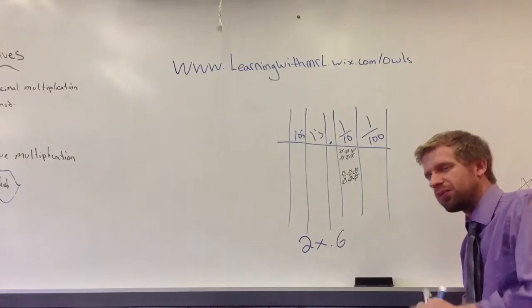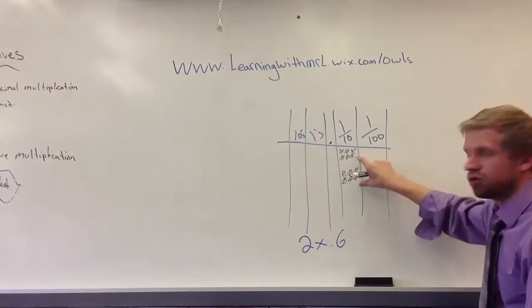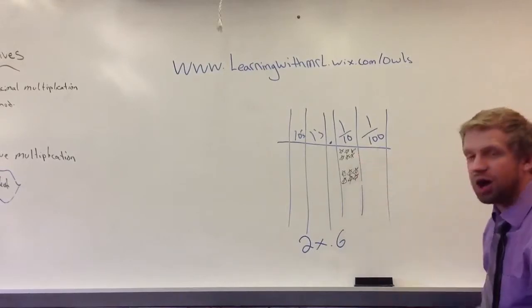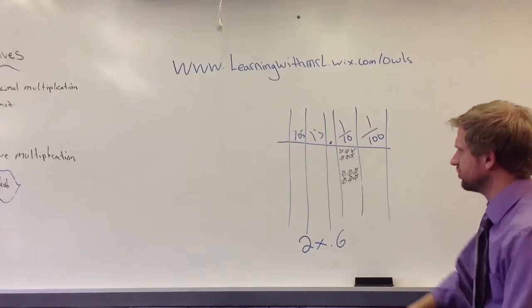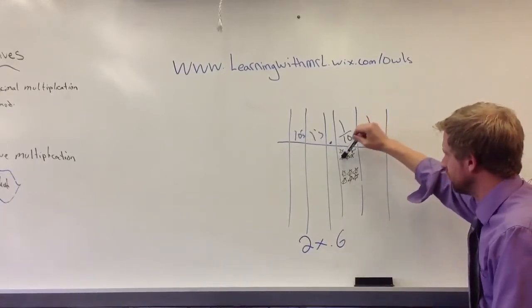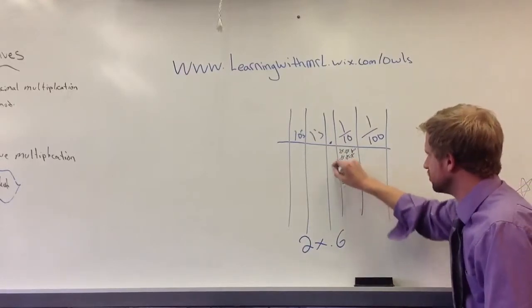Now, if you look at my problem, I have 6/10 and 6/10. I have 2 groups of 6/10, or I could say I have 2 copies of 6/10. So now what we would do using the place value chart is we count them. 1, 2, 3, 4, 5, 6, 7, 8, 9, 10. And when you get to 10, you circle those 10.